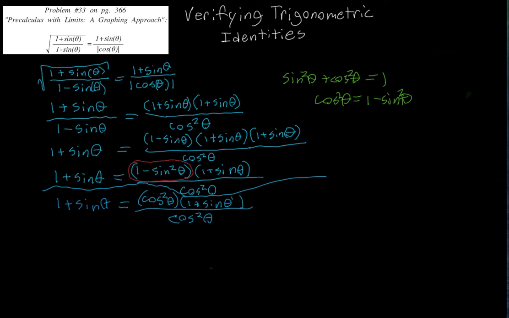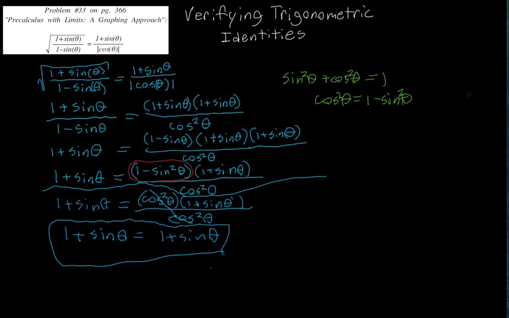I'm going to draw a little wall between these just so that's clear. Now you'll notice these cosine squared terms are going to cancel out, so we're going to have 1 plus sine of theta is equal to 1 plus sine of theta, because these cancel out. Notice both sides of the equation look identical, therefore it is clear just by the reflexive property of equality that these two expressions are indeed equivalent. And so we have verified this trigonometric identity.